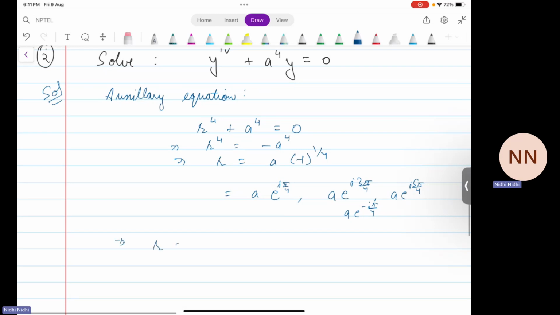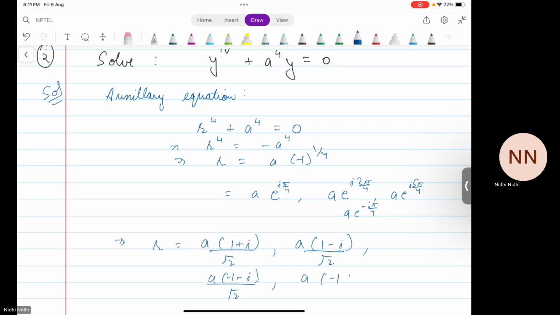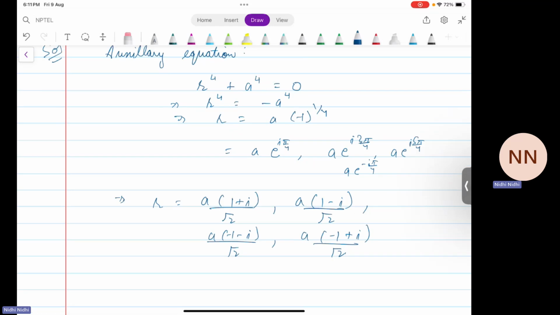That means r is equal to a times (1 plus iota) by root 2, a times (1 minus iota) by root 2, a times (minus 1 minus iota) by root 2, and a times (minus 1 plus iota) by root 2. So we have two pairs of conjugate roots.